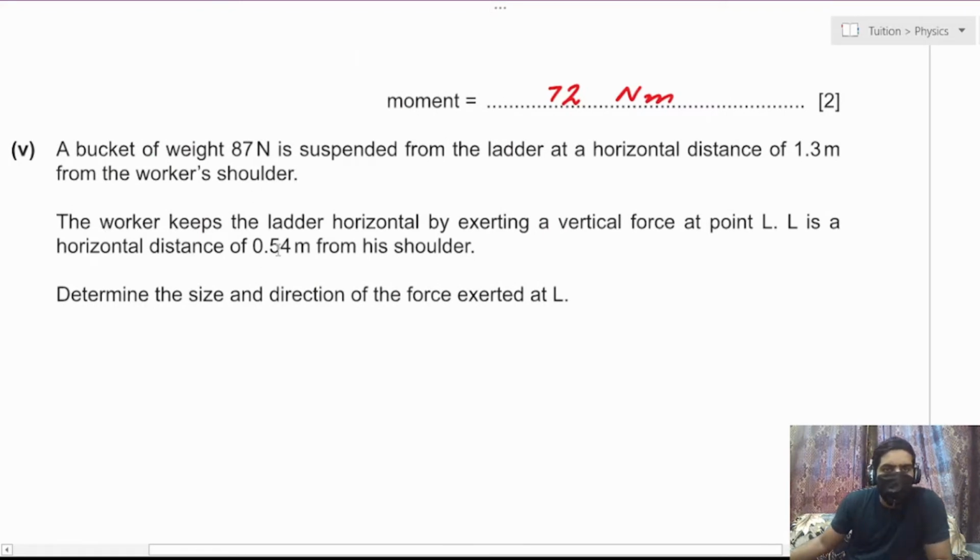The worker keeps the ladder horizontal by exerting a vertical force at the point L. L is a horizontal distance of 0.54 meters from his shoulder.